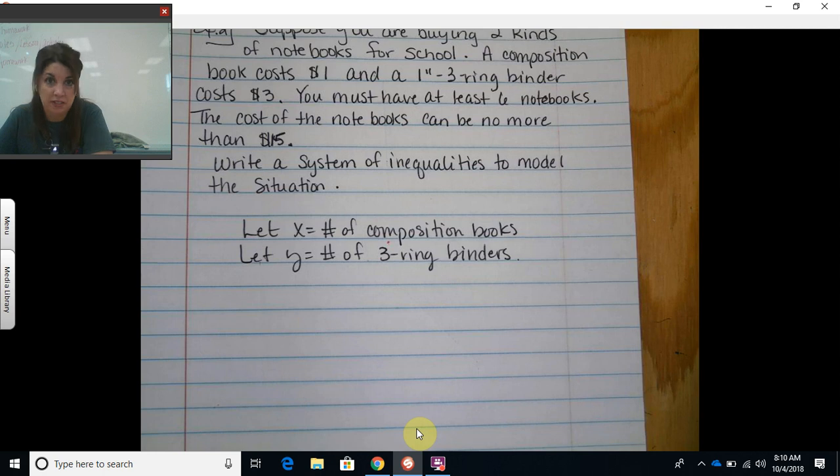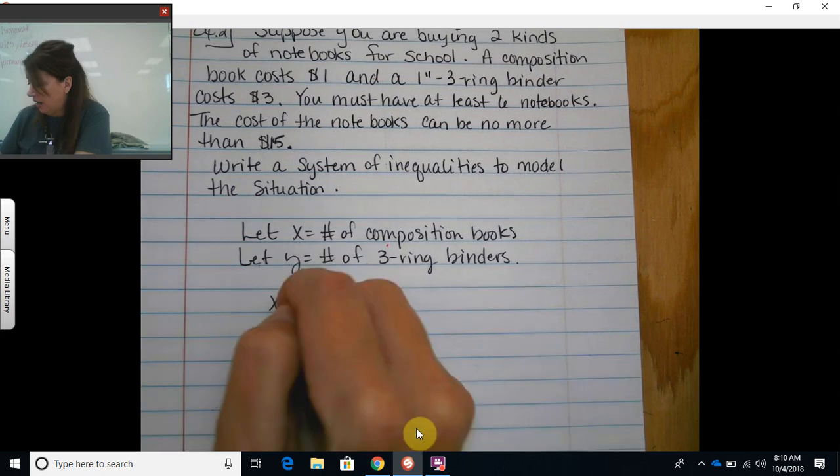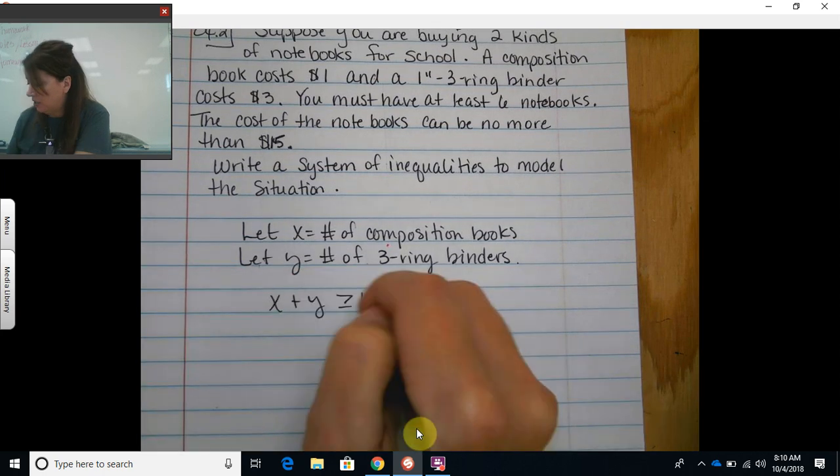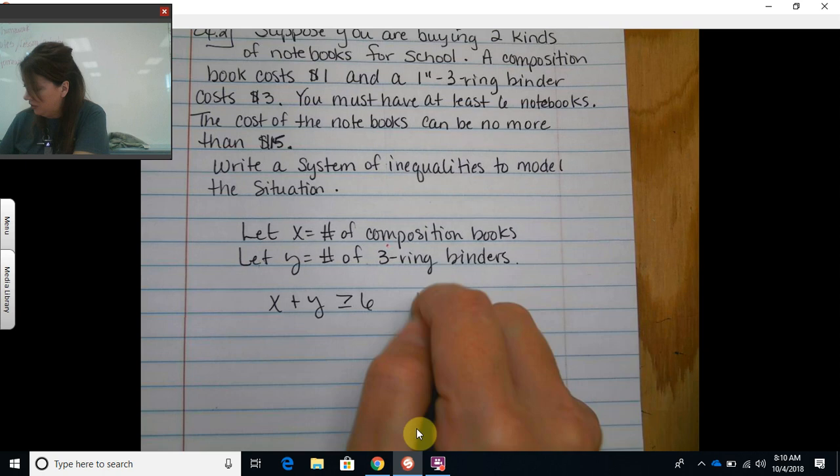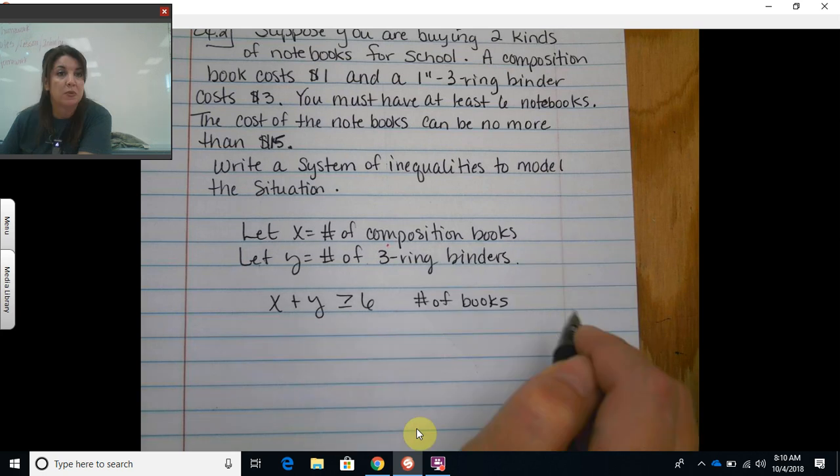Can we have 10? Yes. So how would we write that? The number of composition books plus the number of binders, think about that, has to be at least 6. Very good. X plus y is greater than or equal to 6. So that one's about the number of books. That has nothing to do with cost, so we don't put the dollar amounts there.